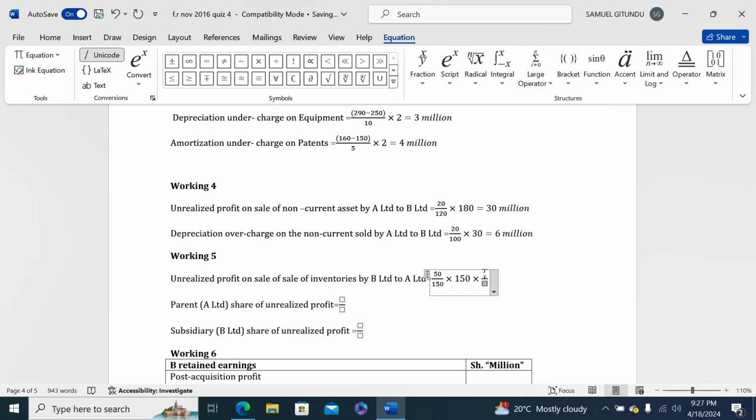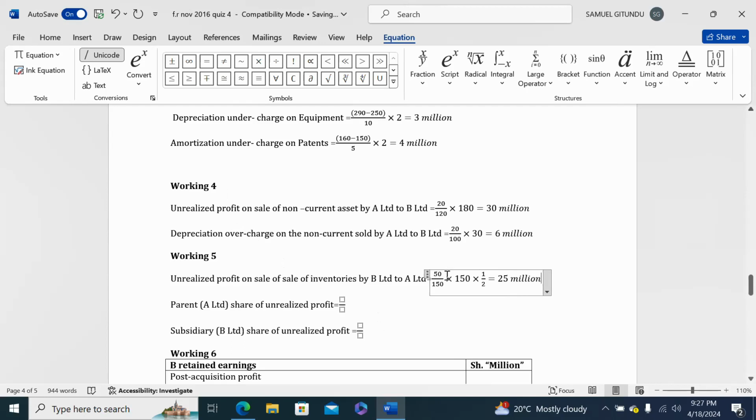If we do this, we are getting an unrealized profit of 25 million.